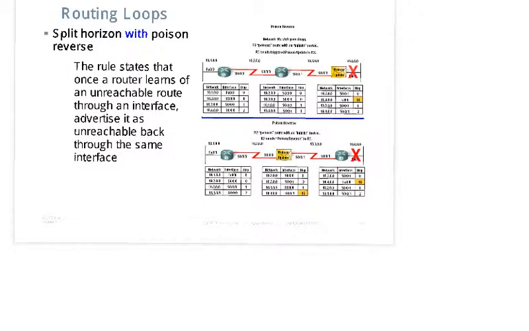Okay? The only difference that will override the split horizon rule is that now R2 will have to send back this poison update, confirming to R3 that indeed this has become unreachable.